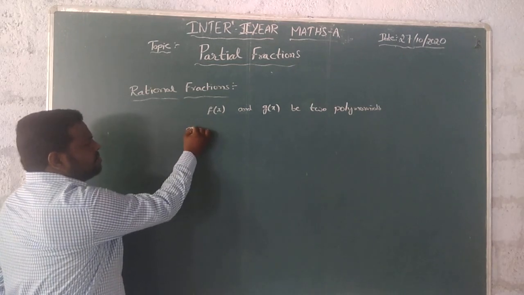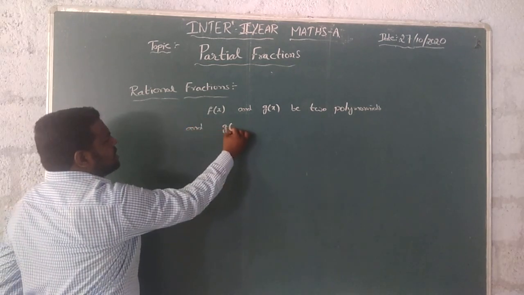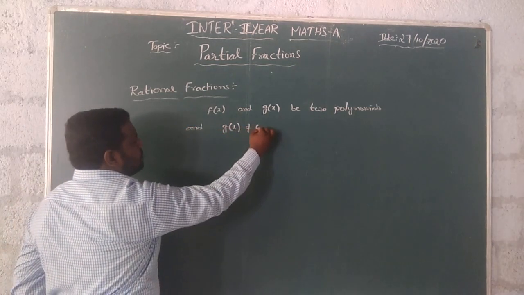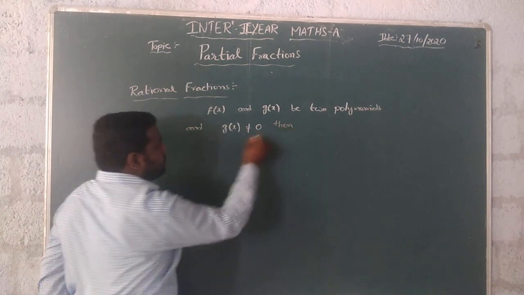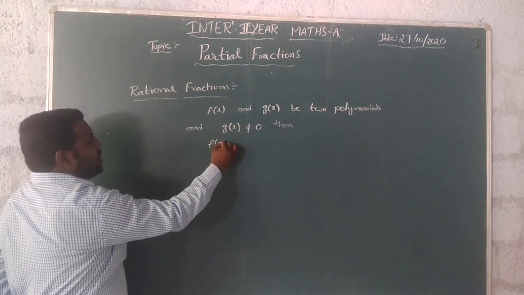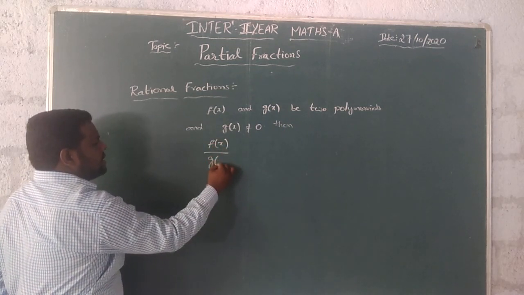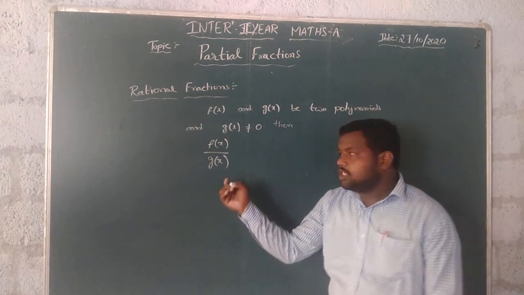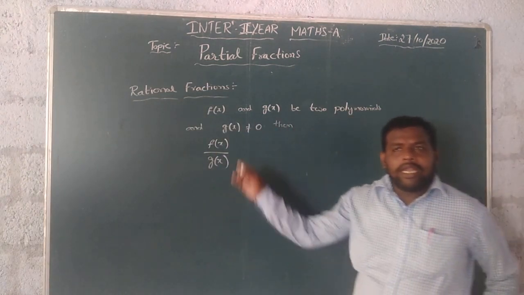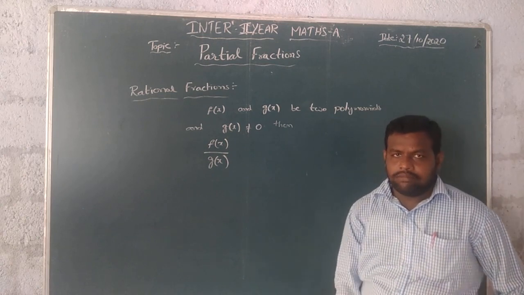and g of x not equal to 0, then f of x by g of x. Okay, these two functions are dividing numerator by denominator.